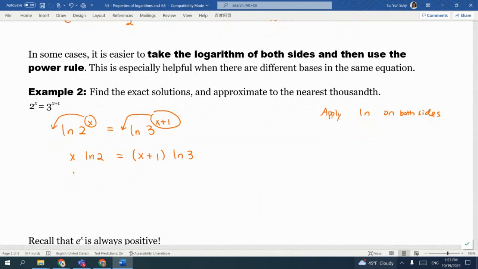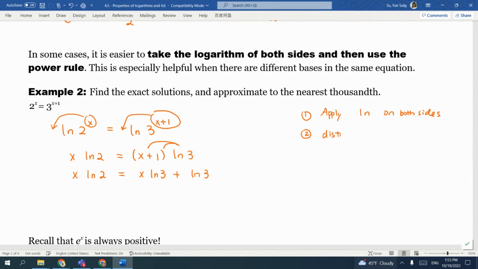So distribute. This is x times ln of 2. Here, we get x times ln of 3 plus ln of 3 times 1, which is ln of 3. So step 1, we apply ln.